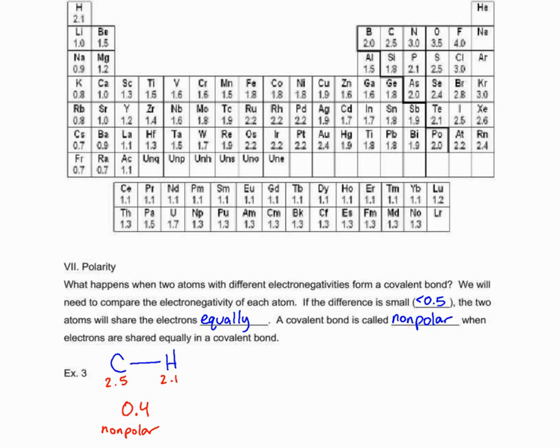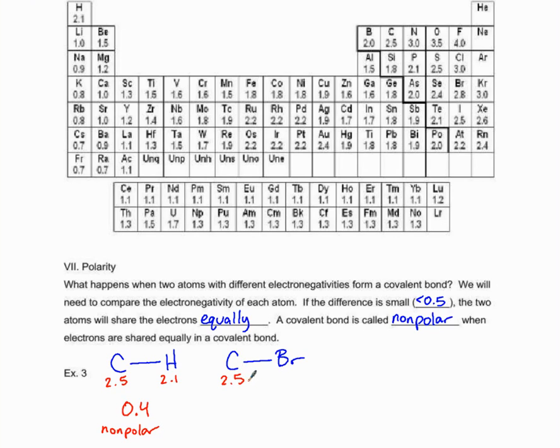We could also look at a bond between carbon and bromine. So again, we're looking at the electronegativities. We already looked up carbon, and it had a value of 2.5.